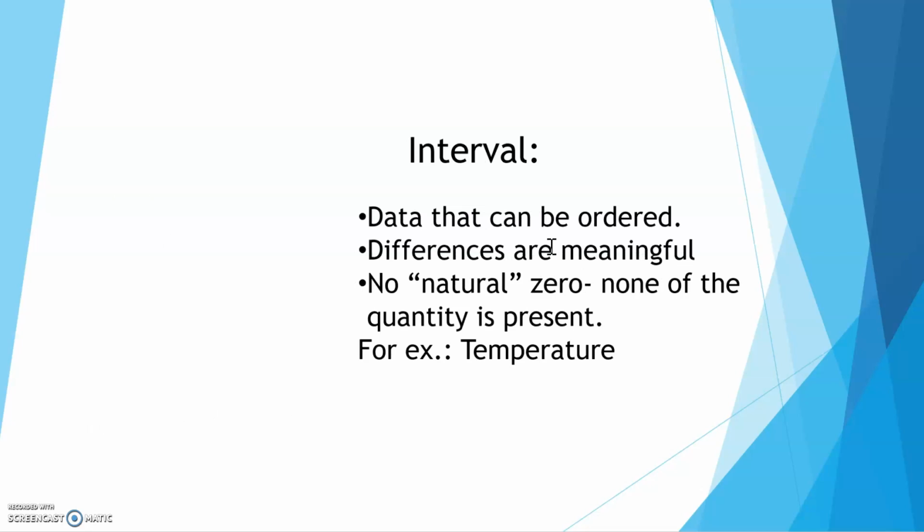Now, interval, okay, you can put it in order. Now the differences do mean something, and it has no natural zero, which means that none of the quantity is present at 0. So at 0, none of the quantity is present.